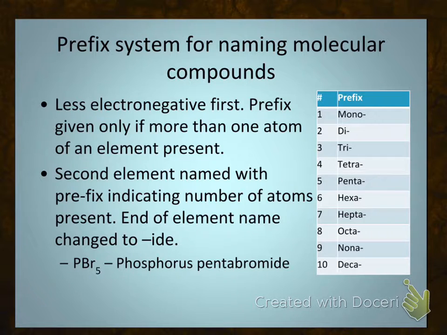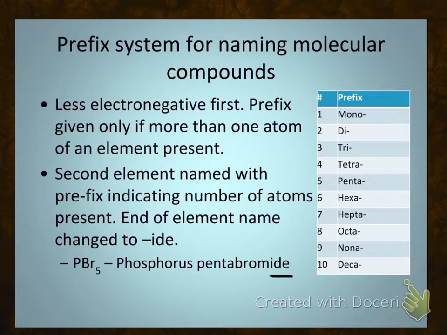So we use di, tri, tetra, penta, hexa, hepta, octa, nona, deca. We don't use mono ever with the first one because just saying nitrogen tells us that there is at least one atom of nitrogen. The second element gets a prefix that indicates the number of atoms present, and we change the end of the name to an -ide, just like we did for the anions.